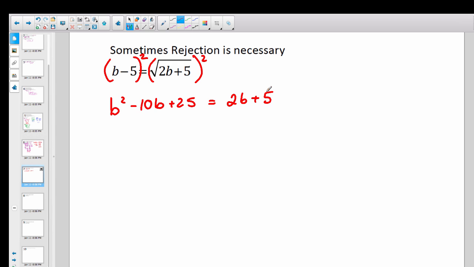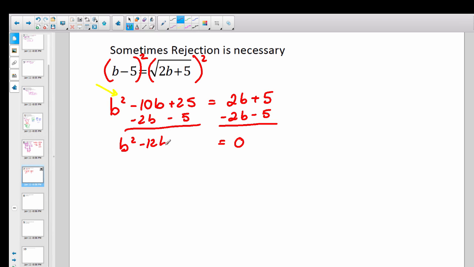And when you square a radical, everything just falls out. Cool. So I've got this squared. So let's set it equal to 0 and factor, right? That's what we do. So over here, I'll do it in one step just to save some time. I'll subtract 2b and 5 from both sides. That gives me my 0. And over here, hopefully something I can factor very easily.